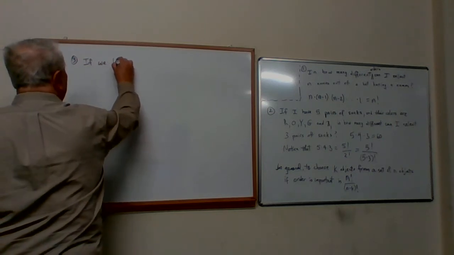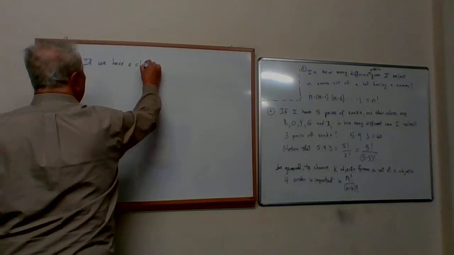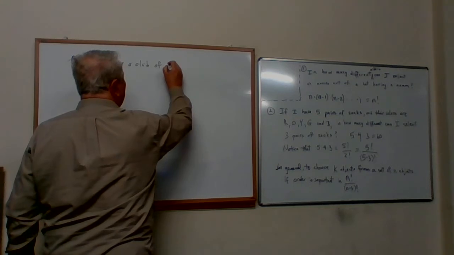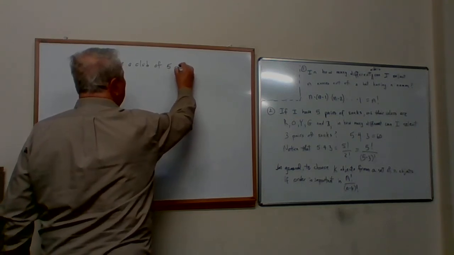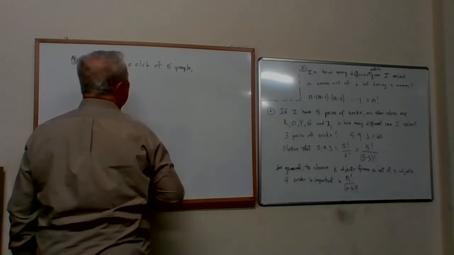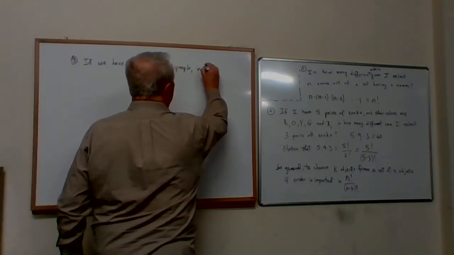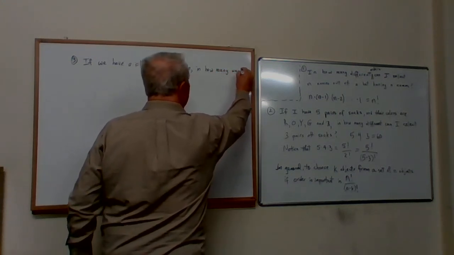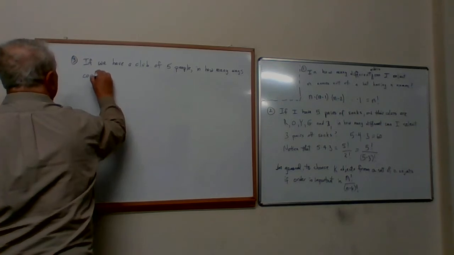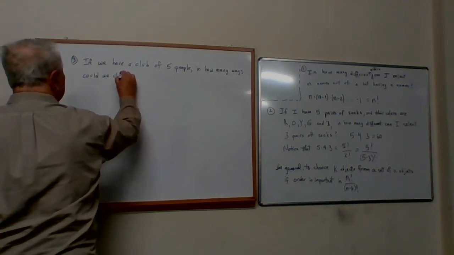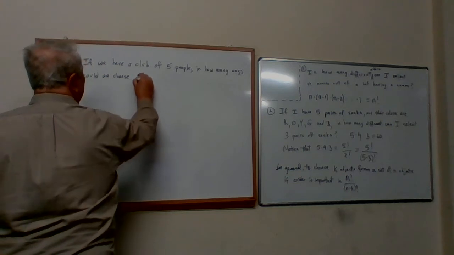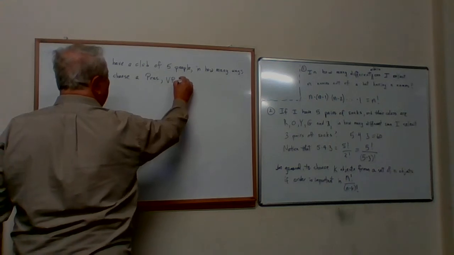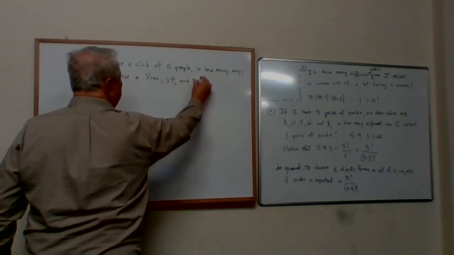So if we have a club of 5 people, in how many ways could we choose a president, vice president, and secretary treasurer?